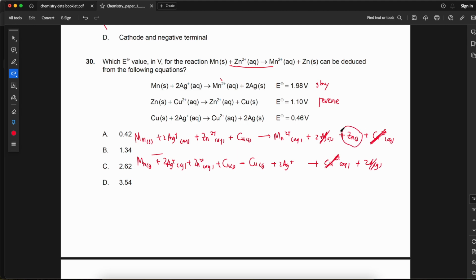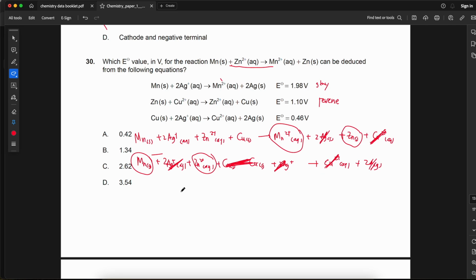Mn(s) we need, and Zn2+ we need, and Cu is obviously finished, and 2Ag would be finished. And Mn2+ we need. So we produce Mn solid, zinc 2+ aqueous, Mn2+ aqueous, and zinc solid.